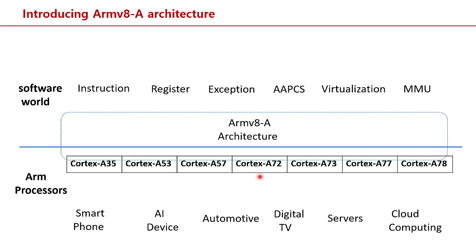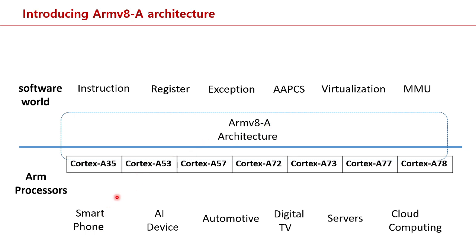Now that you got to know about the product line of the ARMv7-A architecture along with the ARMv8 architecture, let's look at the end products based on ARMv8 processors. These days, most smartphones are based on the ARMv9-A architecture.